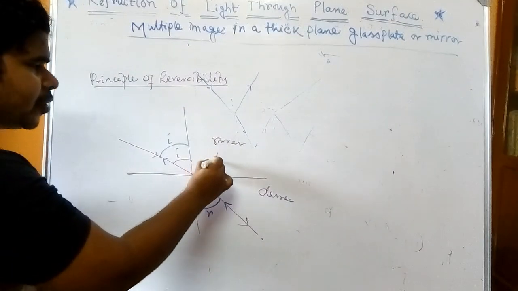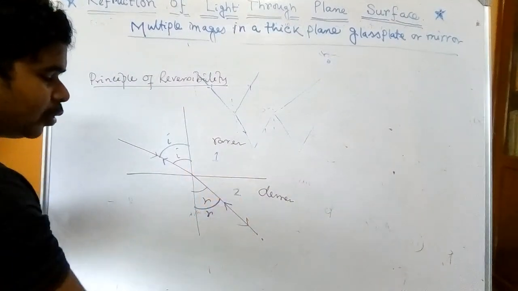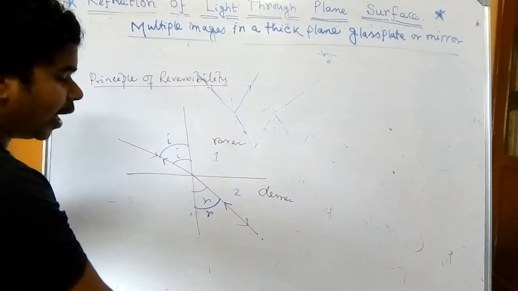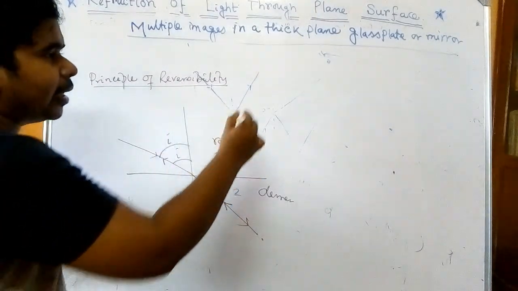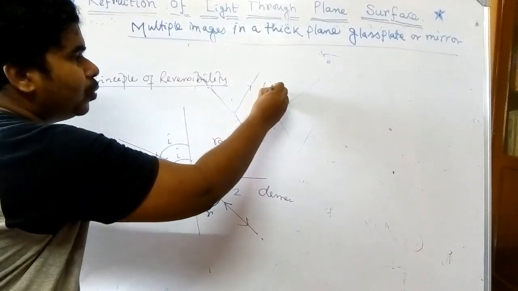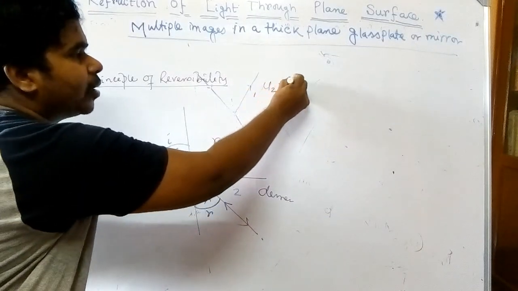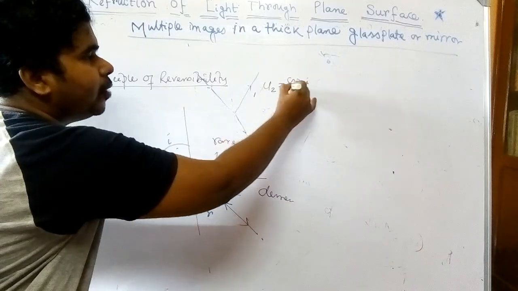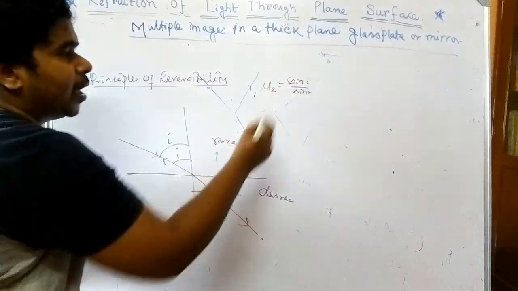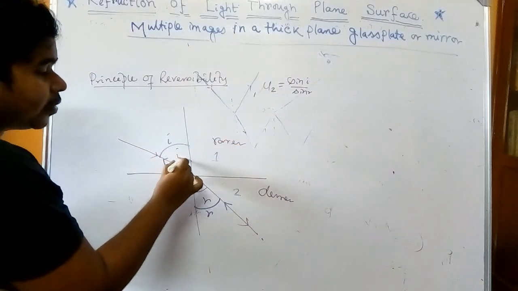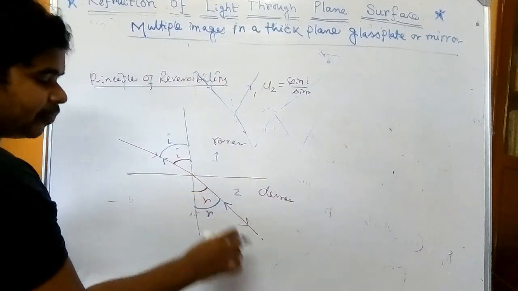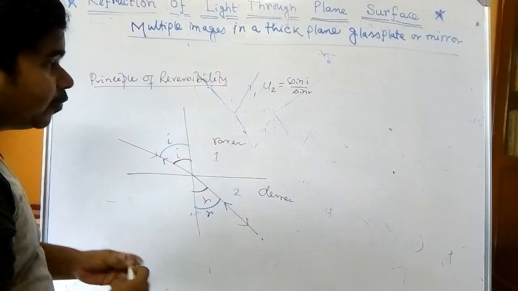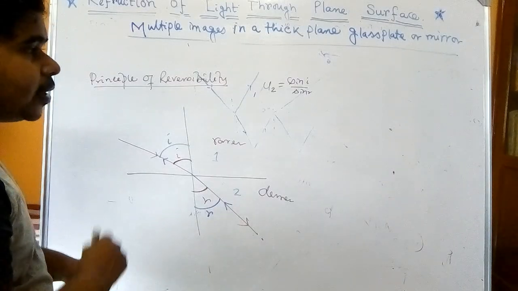If I take medium 1 and medium 2, we all know that for the first case, if I write it in black color, mu2 with respect to 1 should be sine I by sine R, because here the incident angle is I and the refracted angle is R. But when we come in reverse order, the angle of incidence is changed.